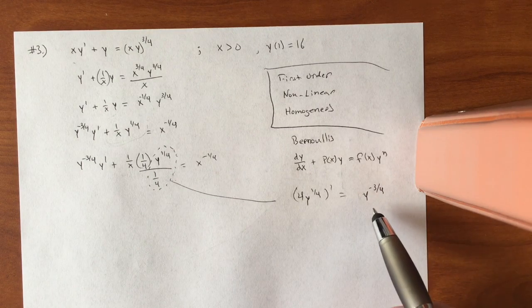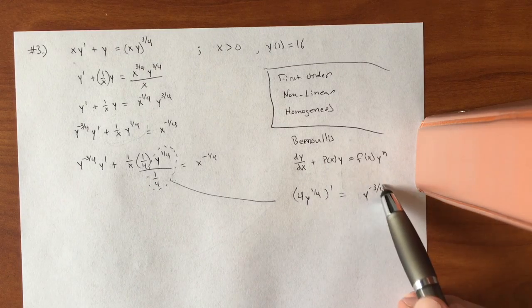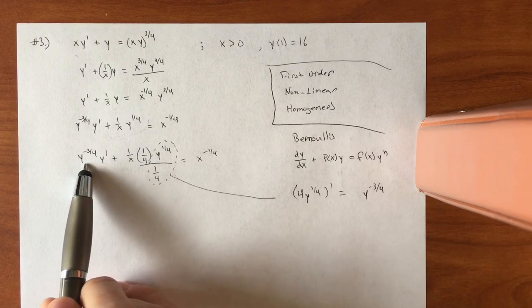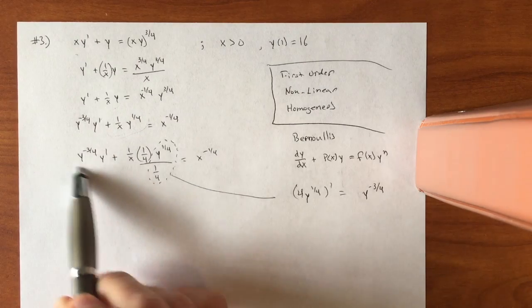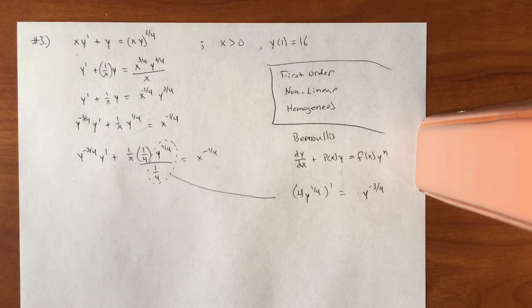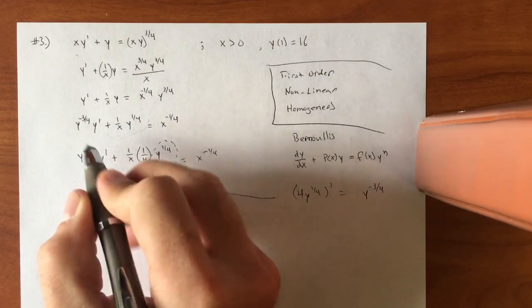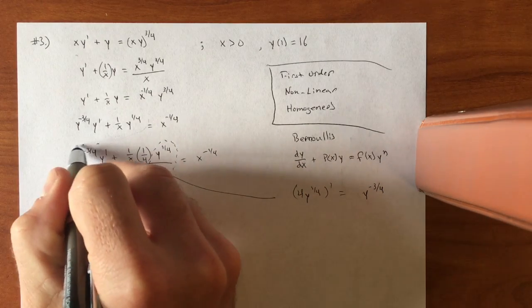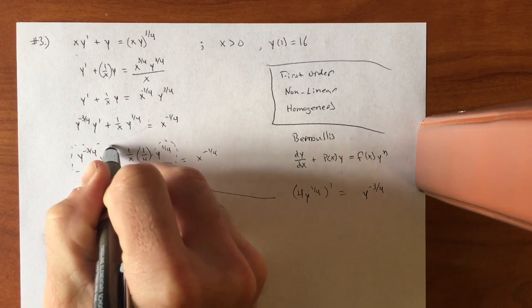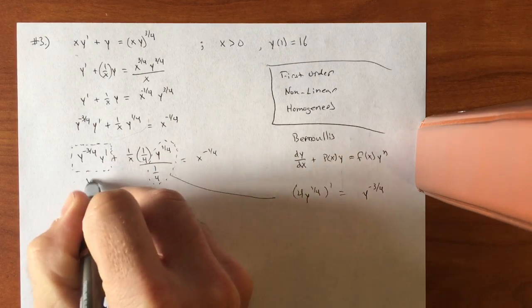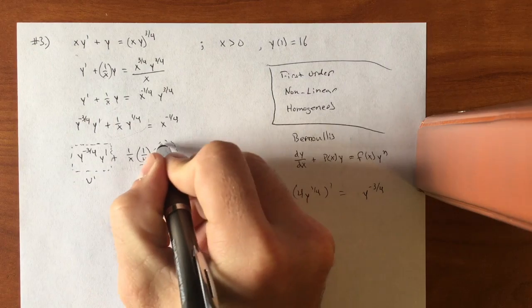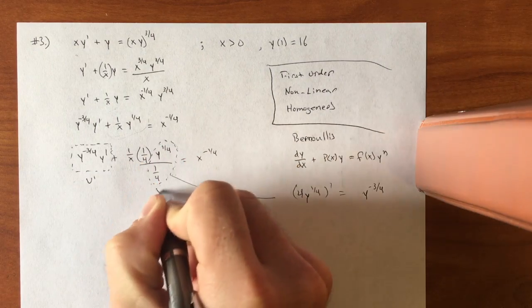And coincidentally, this is the same term as over here, which makes this substitution possible and great. So we will take this as our v prime, and what we did over here as our v.